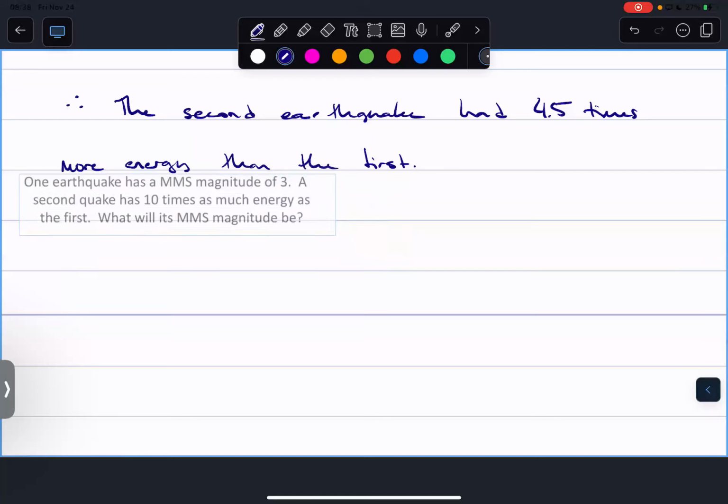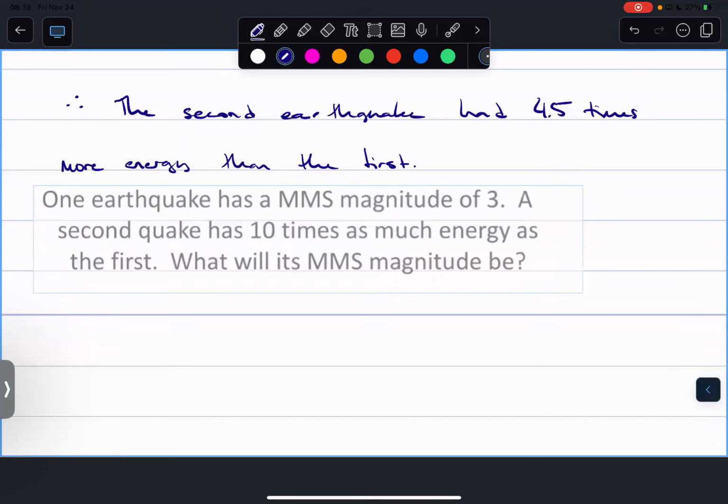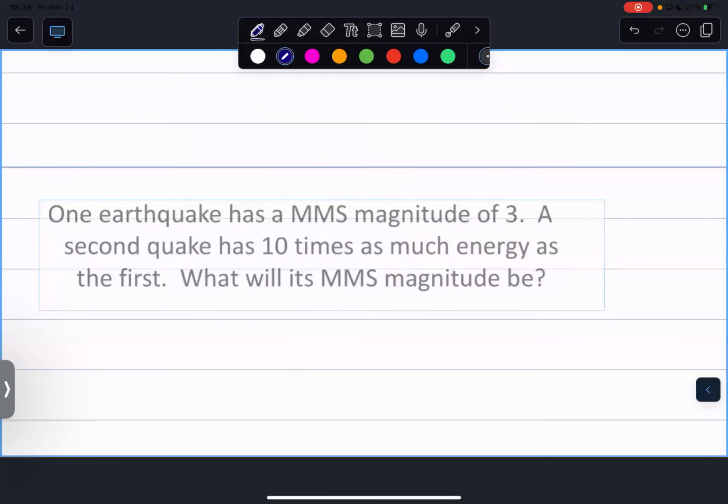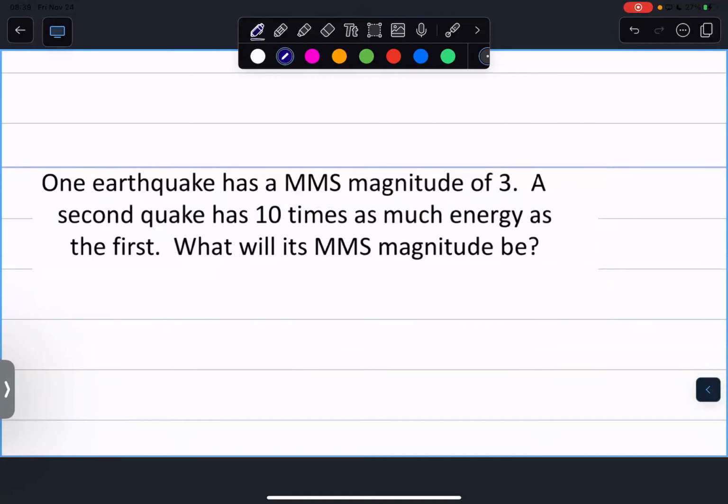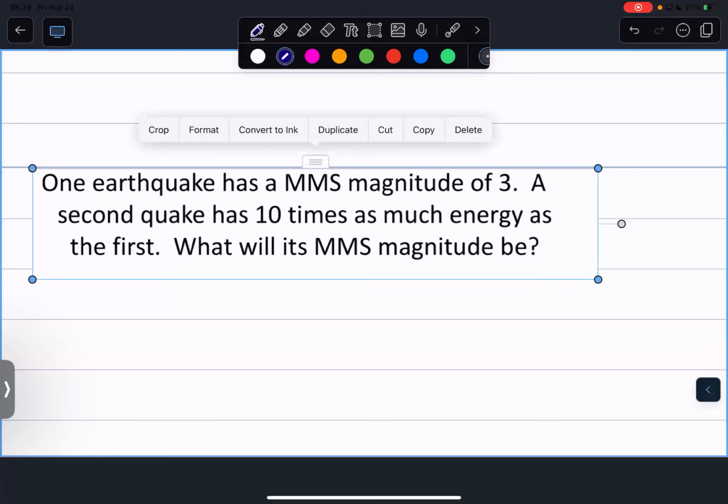Okay, I'll put this one here and I'll add the solutions before I post the notes. But it's similar, right? So one earthquake has a magnitude of 3 and a second quake has 10 times as much energy as the first, which means you have to find how much energy was in the first and then convert that to the magnitude, the MMS magnitude, right? So it's just another way of working with this function.